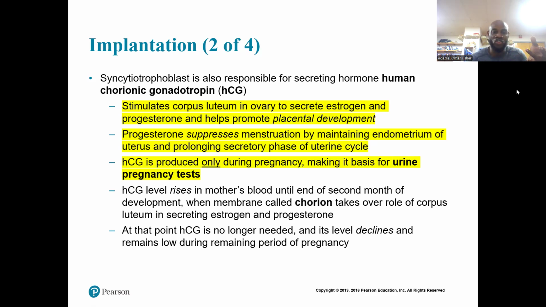So we maintain the endometrium of the uterus. Don't want to get rid of it. Keep that so that the baby has a nice place to grow. The HCG is produced only during pregnancy, making it the basis for urine pregnancy tests. If you have HCG being secreted by your trophoblast, that makes you pregnant.